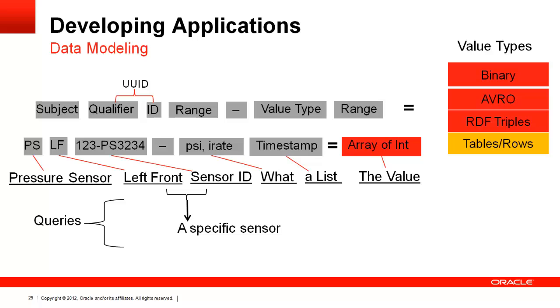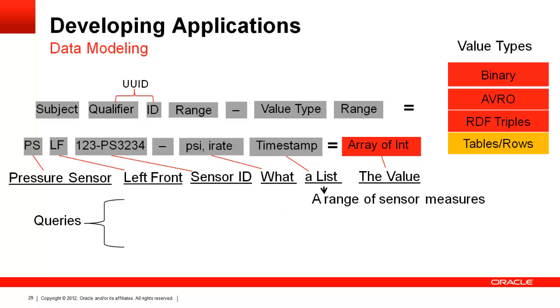Or I could drill down even further and get into the minor keys, and I can say, well, for a particular sensor, give me just all the PSI measurements, or give me all of the instantaneous rate of change measurements for that particular sensor. Even further, since I've got a timestamp on this thing, I can say, give me a slice of the data. For this particular pressure sensor, I want the instantaneous rate of change for the time period between 3 and 4 seconds after the impact started, right?